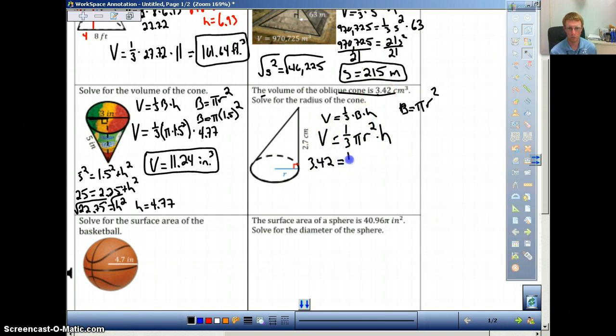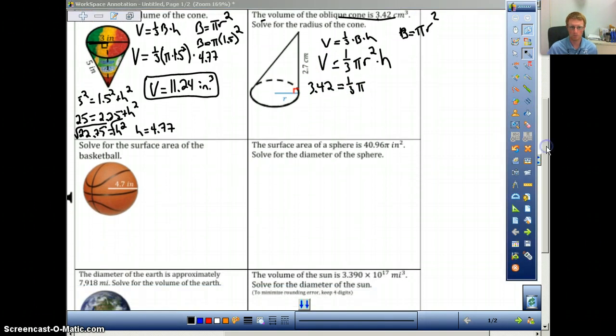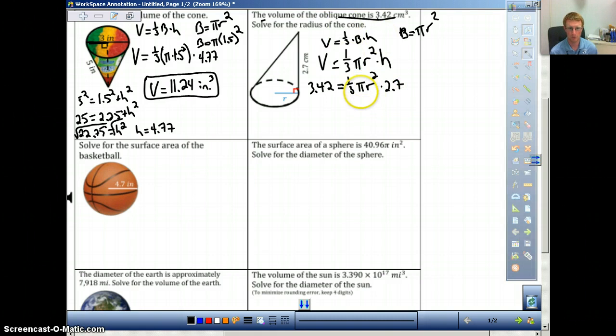Now let's plug in what we know. 3.42 equals 1/3 times pi times r squared times H, and we know that our H is 2.7. So now we just start solving. Okay, so 1/3 of 2.7. Again, we can multiply this all out into a decimal.